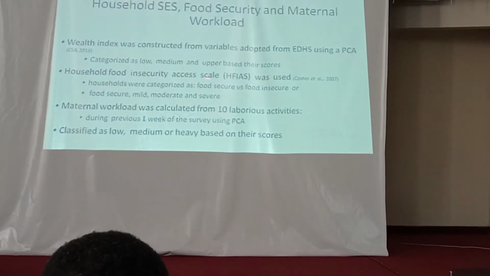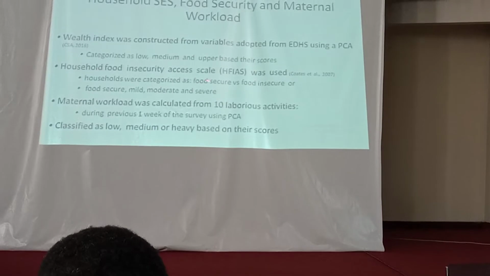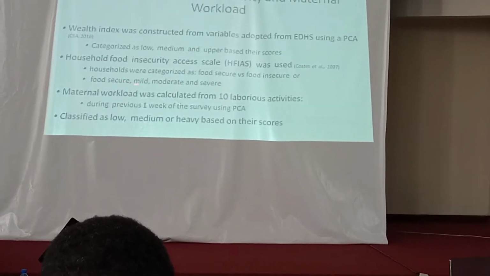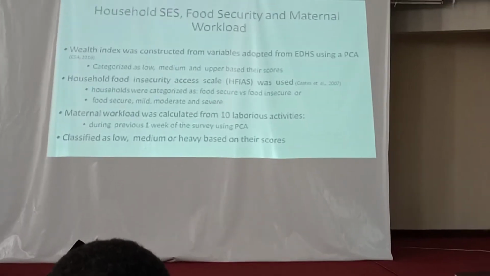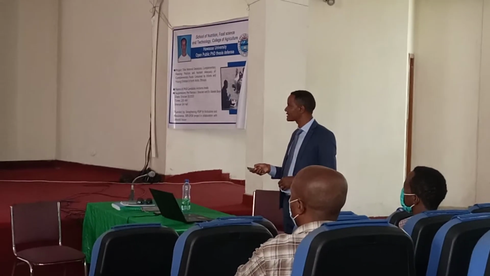The Household Food Insecurity Access Scale was used, and households were categorized as food secure versus food insecure, or food secure, mild, moderate, and severe, based on the different objectives of each study.